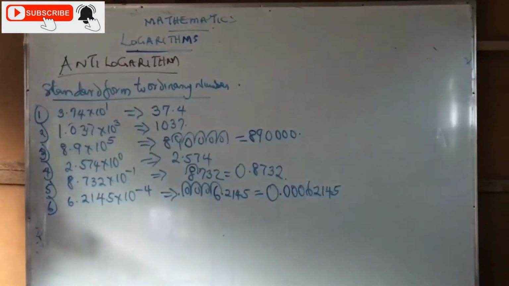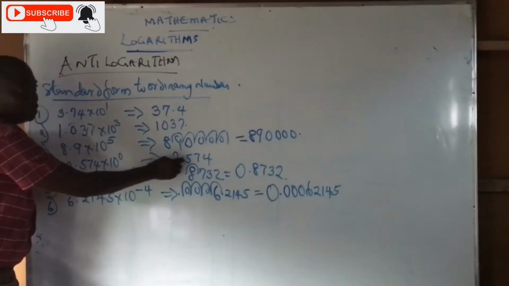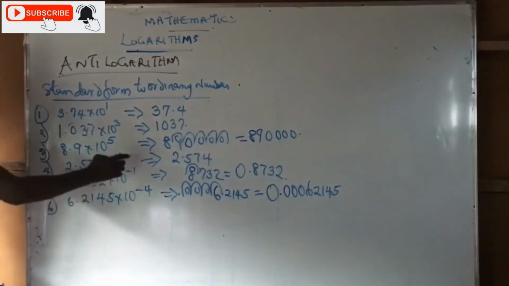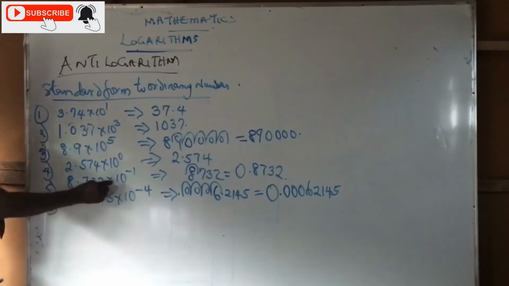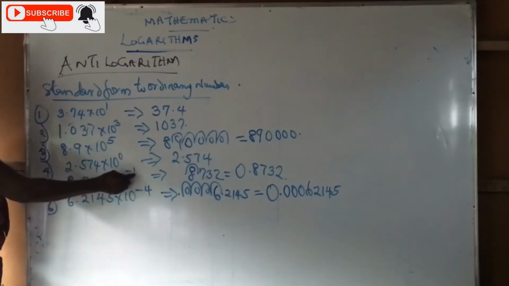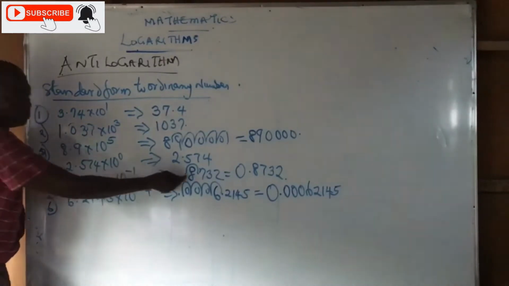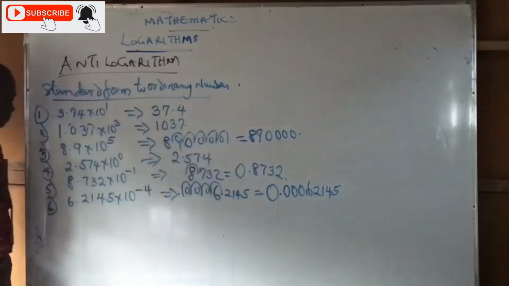That is why it is 890,000. Then when the power is 0, the decimal point will not be shifted. You can't have 2 decimal points on a number. Take note of that. And when the power is negative, you shift backward with the value you have here. I have 1 here and it is negative. It is shifted backward. That is why it is 0.8732.